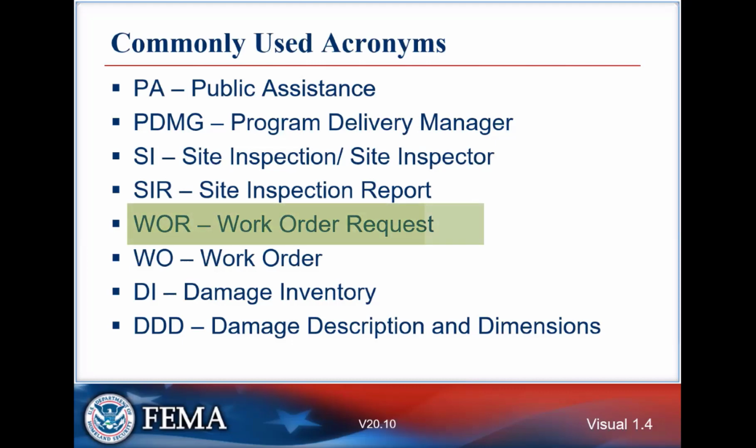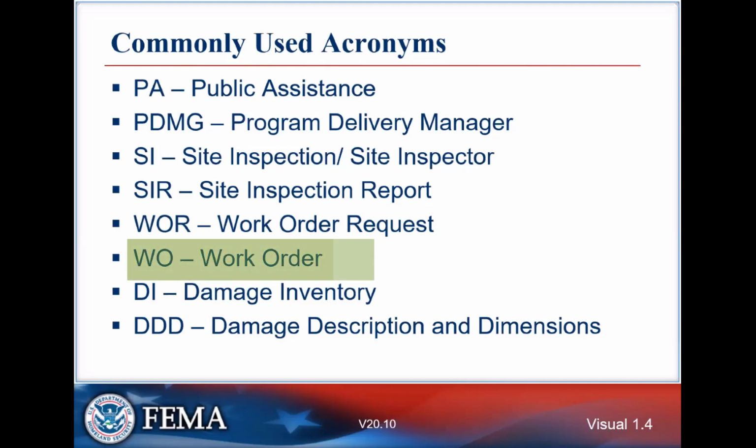We have WOR, which is Work Order Request. And this is the scheduling function in Grants Manager and Grants Portal and is the first step in getting the site inspection on the books. It's how the site inspection is scheduled with the site inspector once you and the Program Delivery Manager have decided on a time. Then we have WO, which is Work Order.